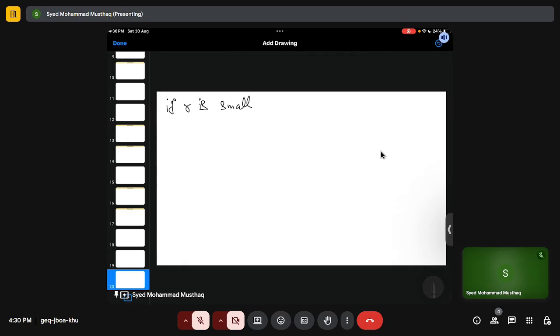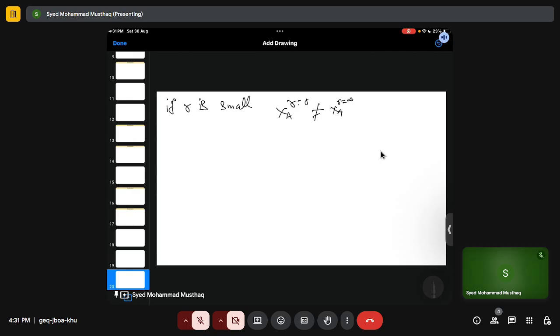What happens if my r is small? If my r is small, then xA at r equals infinite.